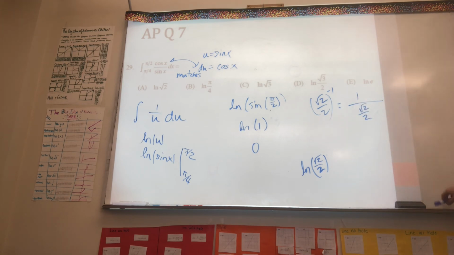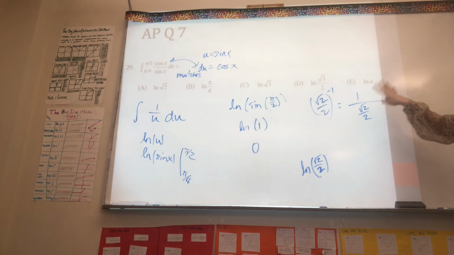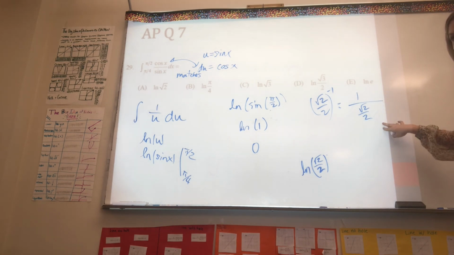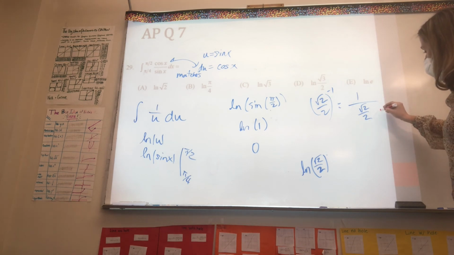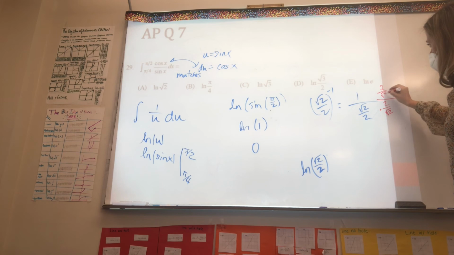So I'm going to multiply by a form of 1. This is the actual correct way to simplify a complex fraction. This is a complex fraction, right? So to simplify it, I multiply by a form of 1, because that doesn't change it. My form of 1 is the reciprocal of this, 2 over root 2, under itself, 2 over root 2.